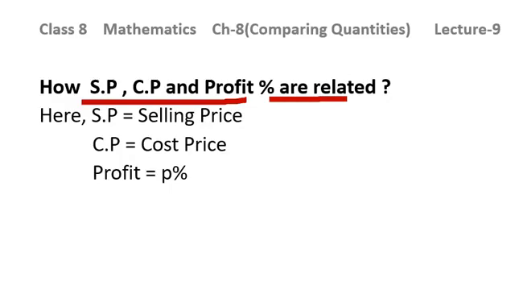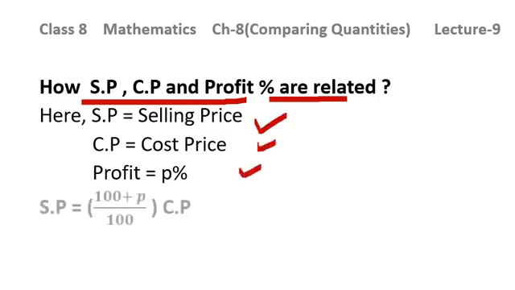So in terms of SP, you can write the formula as SP equals (100 plus profit percentage) over 100, into CP, where profit percentage is whatever is given in the question.